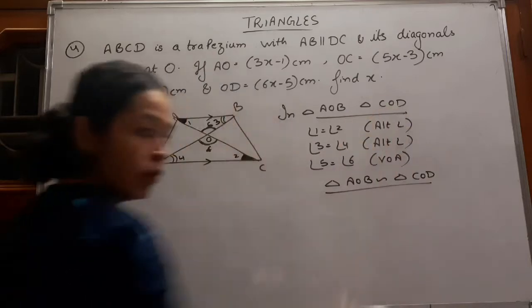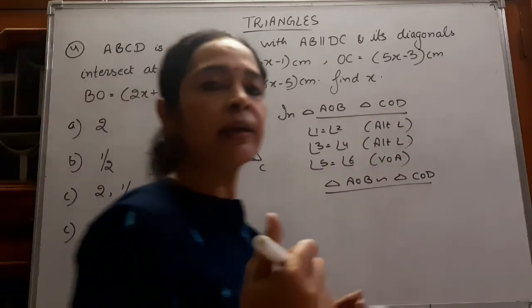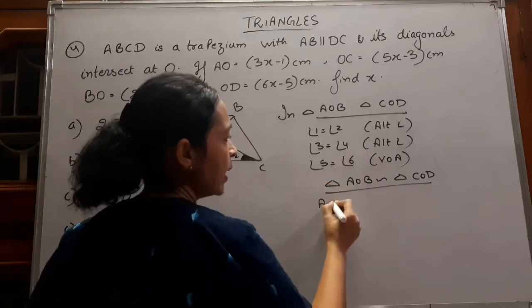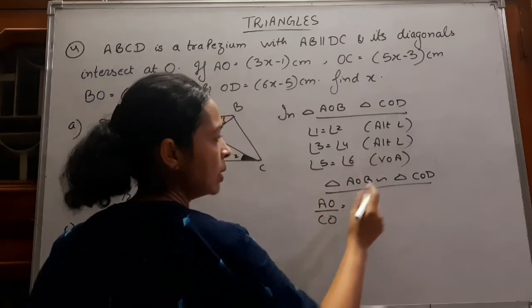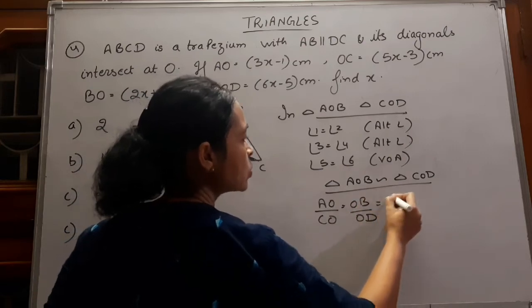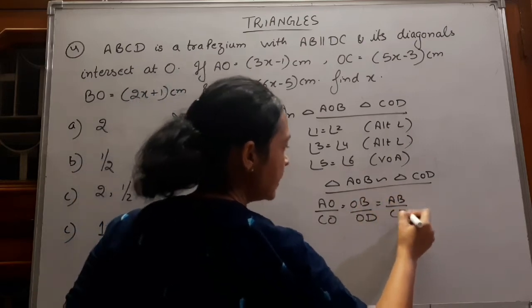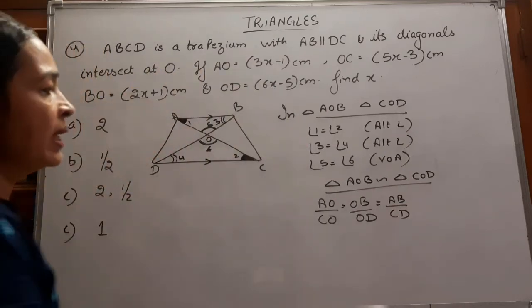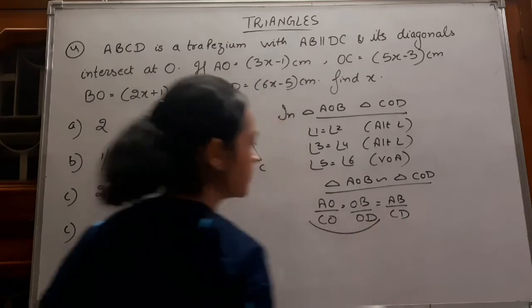Now बच्चे, we know if triangles are similar, their sides are proportionate. So we have AO upon CO equals OB upon OD equals AB upon CD. Now what is given? AO, OC, BO and OD. Let's take these two terms.